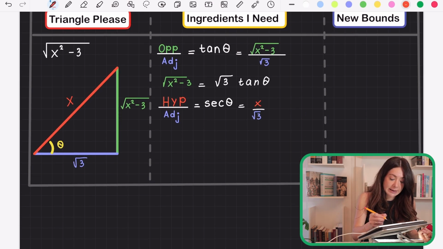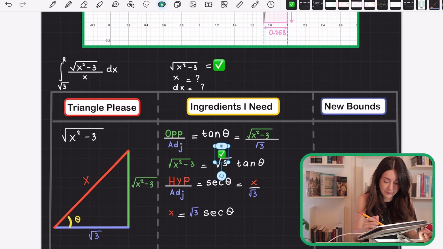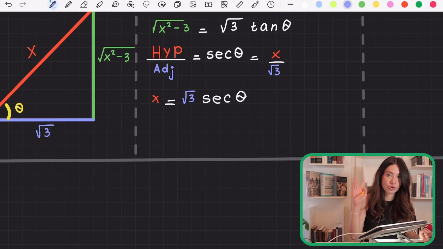Let's express x explicitly, because that's what I was after. Again, my favorite part. Put a tick there as well. Now the final thing left to translate is dx, and I can't do that because I have x.